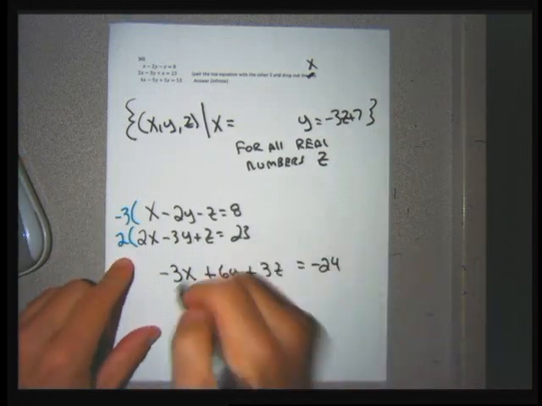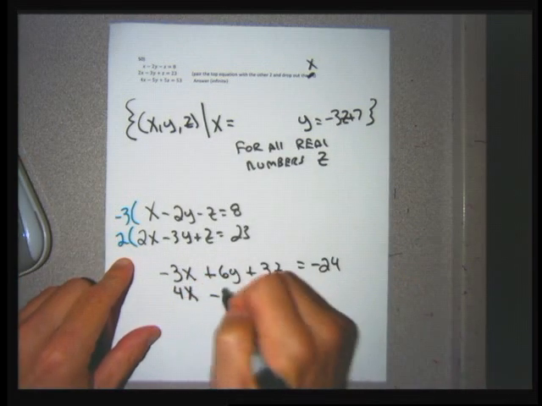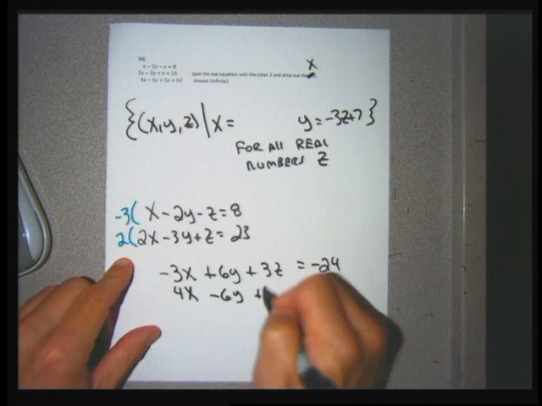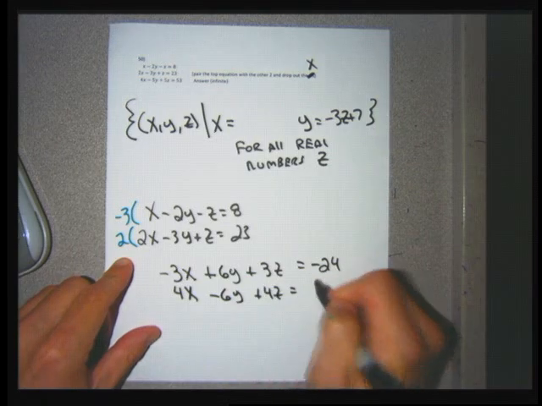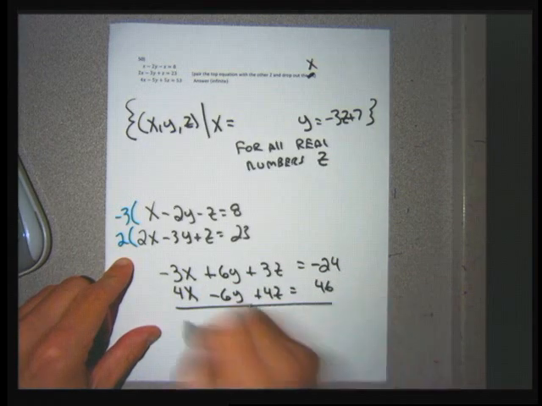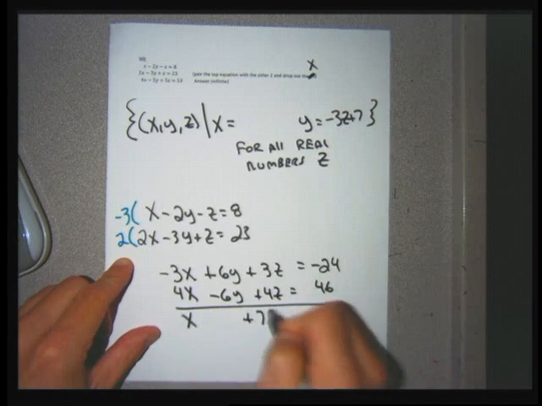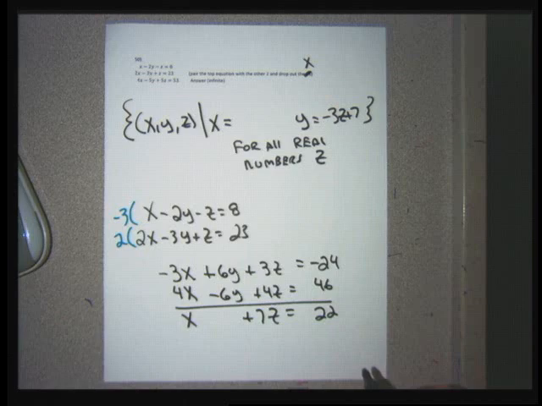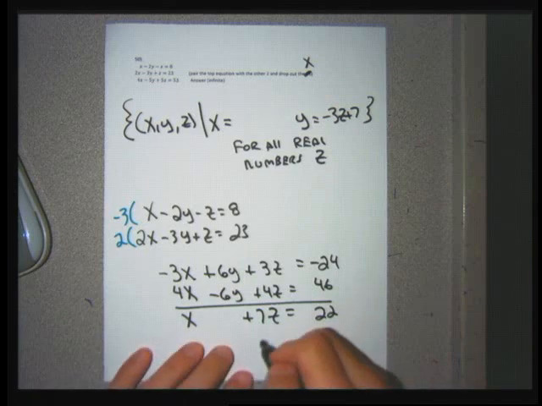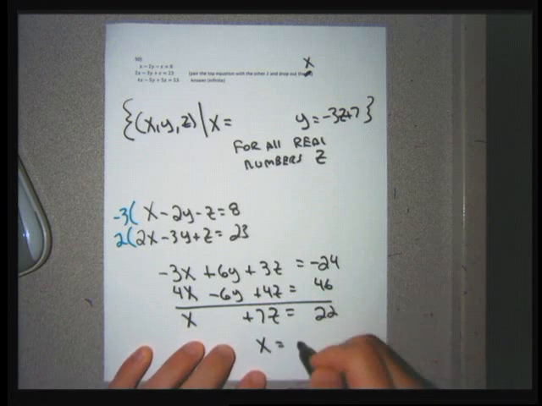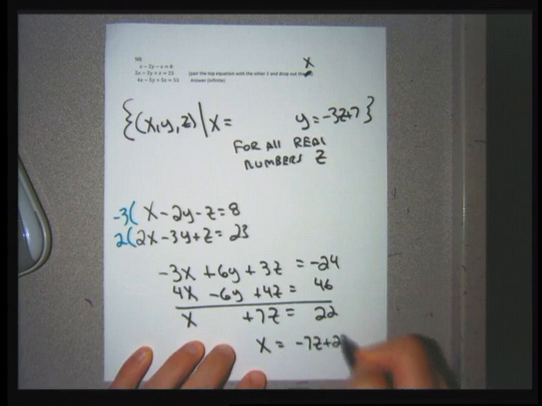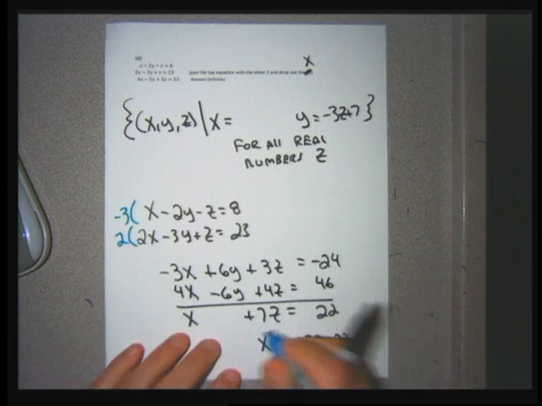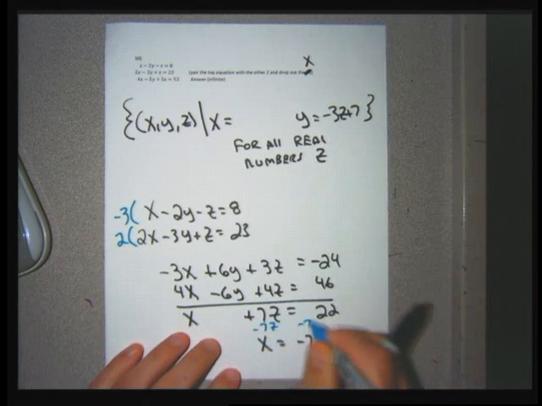This multiplying by 2, I'm going to get 4x minus 6y plus 4z equals 46. Add these together, I get x plus 7z equals 22. Solve this for x by subtracting 7z. I get x equals negative 7z plus 22. And that's what I'm going to write next to the x in my solution blank.